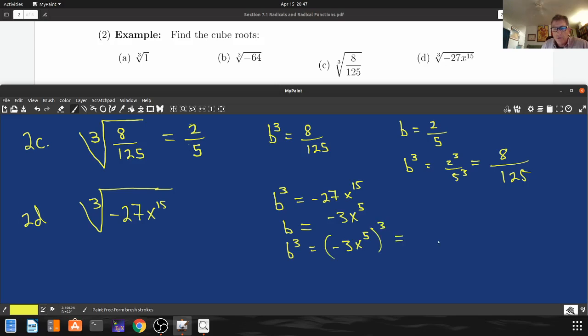Then b cubed is equal to minus 3x to the 5th cubed, which is equal to minus 3 cubed by our exponent rules times x to the 5th cubed. Well, minus 3 times minus 3 is 9, times minus 3 is minus 27, and x to the 5th cubed is x to the 15th.